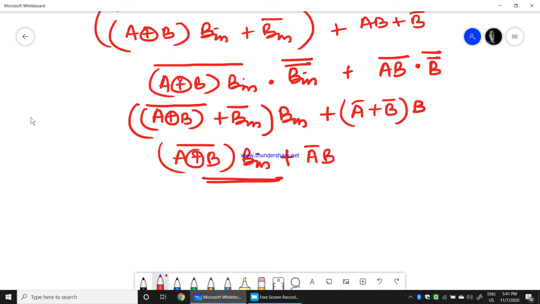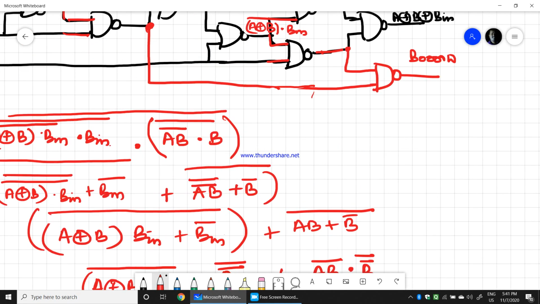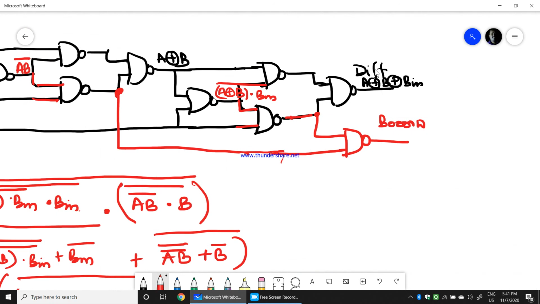Therefore you will end up getting this. This expression is nothing but the borrow expression, which is A XOR B the whole bar multiplied by Bin plus A bar B. So this is the expression for borrow.